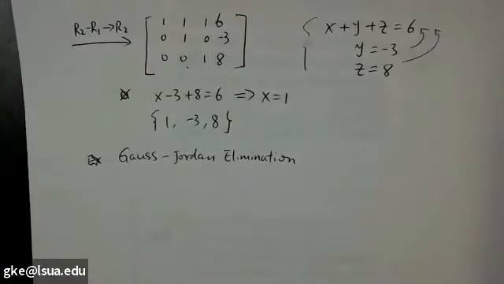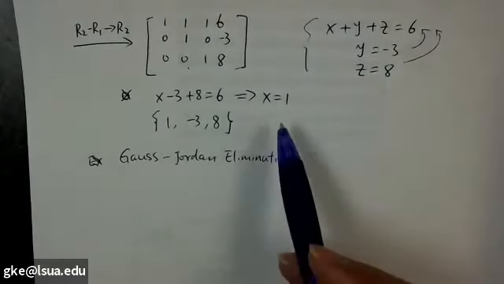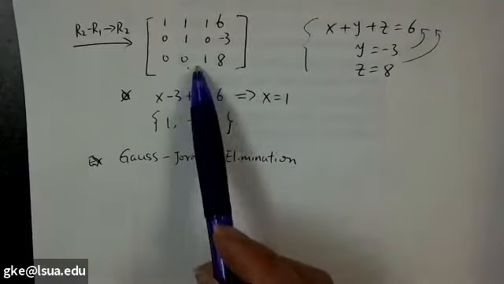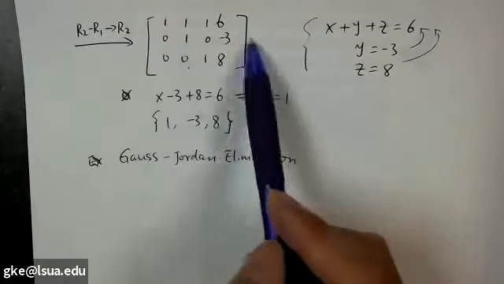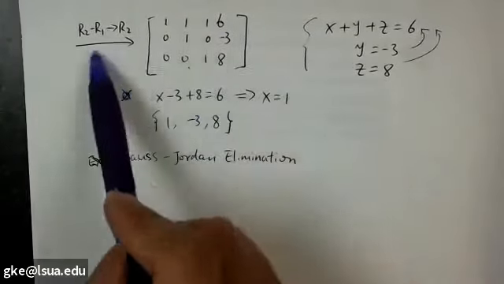We still take this as an example. So previously, what did we do? The Gaussian elimination.